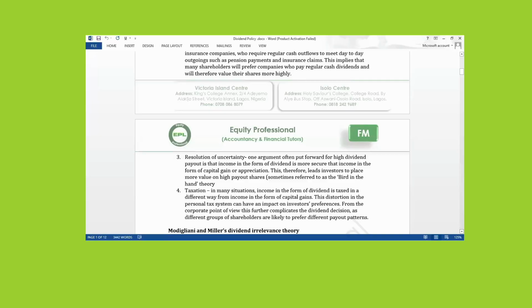Some may prefer dividend received because of taxation. Some investors will prefer to receive their return in the form of cash dividend.